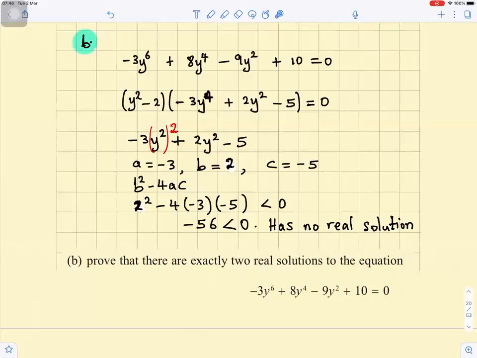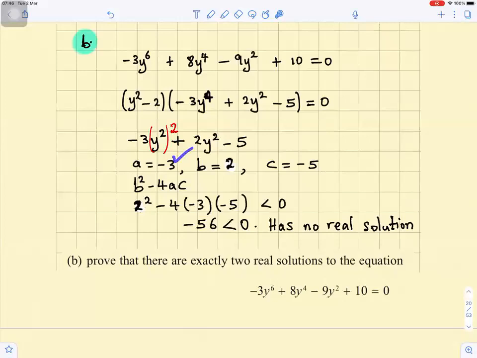So part B, we have minus 3y to the power 6 plus 8y to the power 4, all of that. So we can have y squared minus 2 bracket minus 3y to the 4 plus 2y squared minus 5 equals 0. So it can be minus 3y squared all squared plus 2y squared minus 5. So that's like a disguised quadratic.